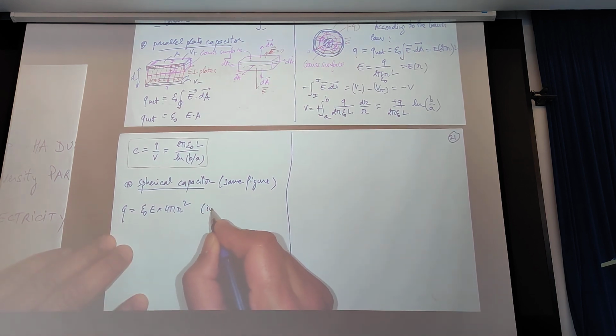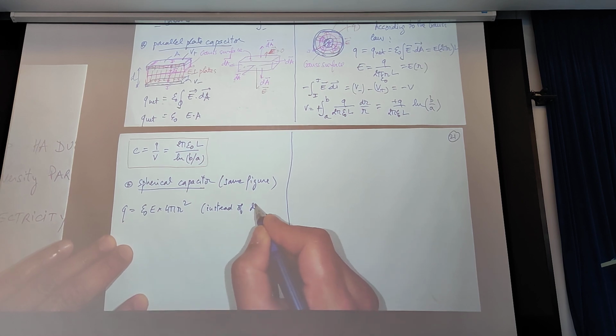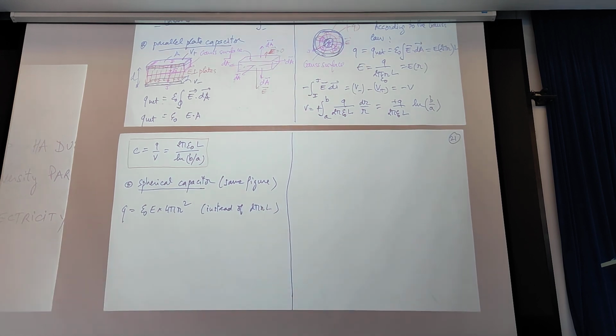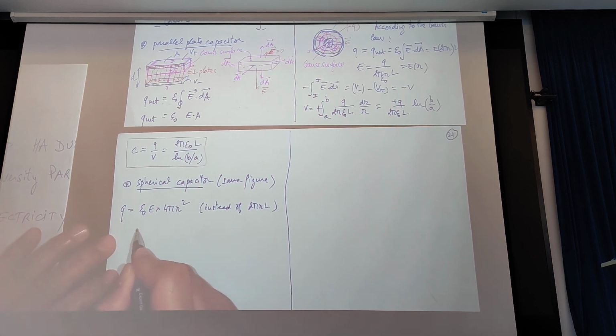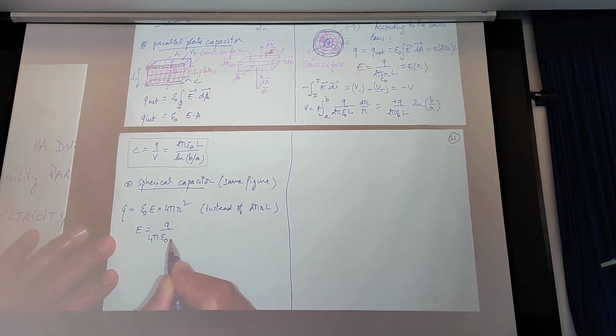Instead of 2πRL. Okay? So now the field E is equal to Q over 4π epsilon 0 R².